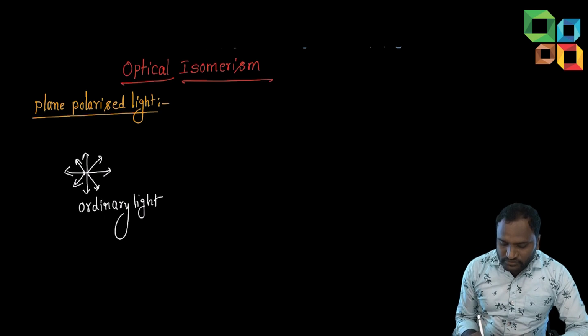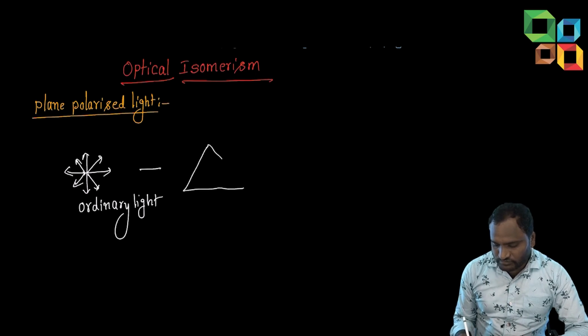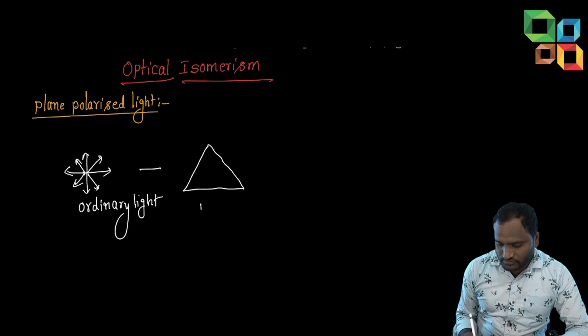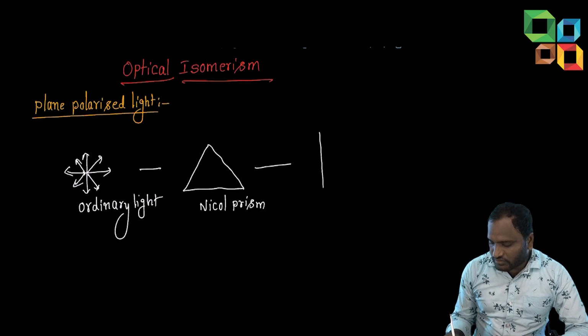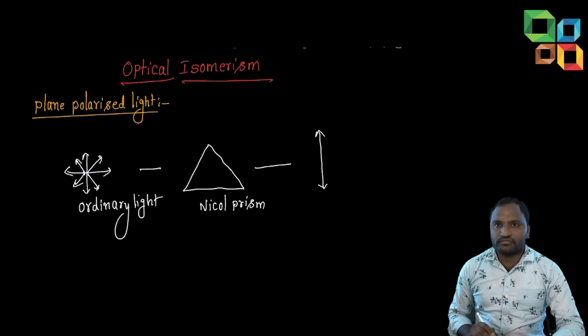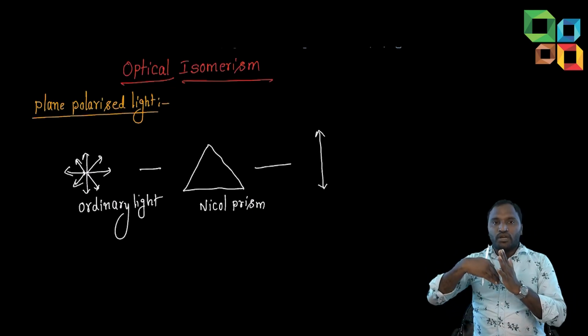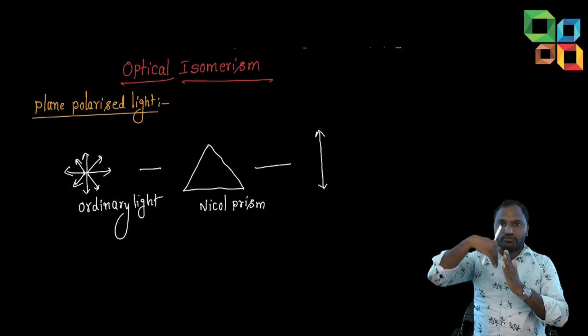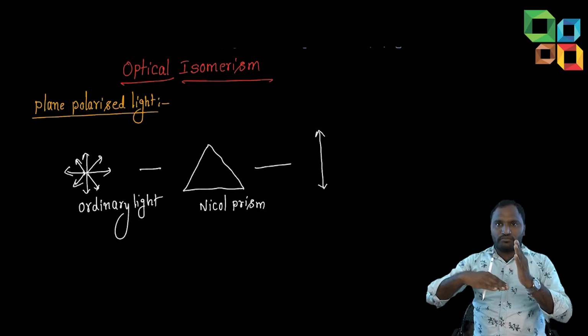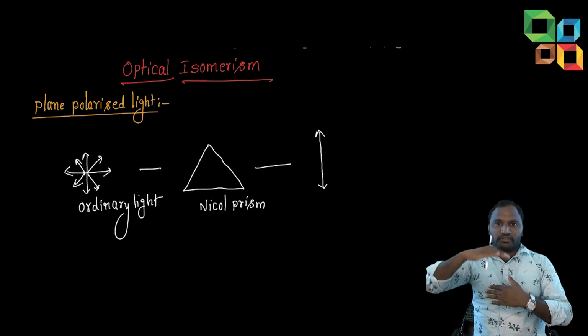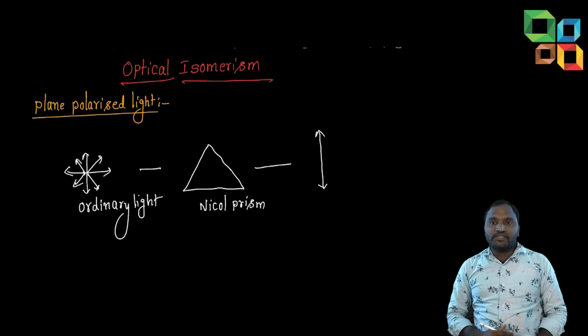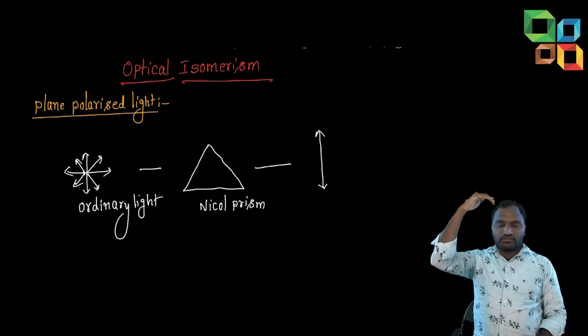When this ordinary light passes through what we call a nicol prism, it converts into a beam moving in one plane only, to and fro, up and down in a single plane.